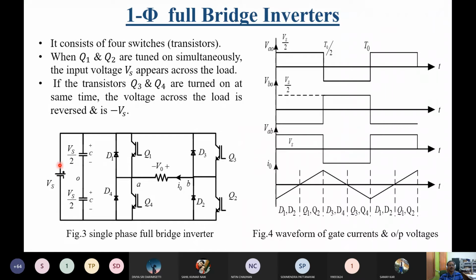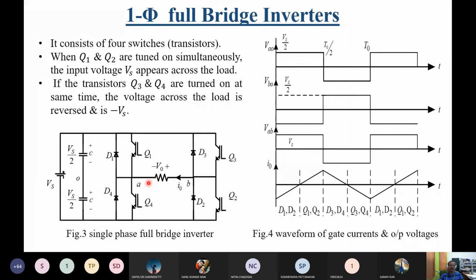So here two switches conduct at the same time. Now suppose Q1 and Q2 are on. Current will flow through Q1.